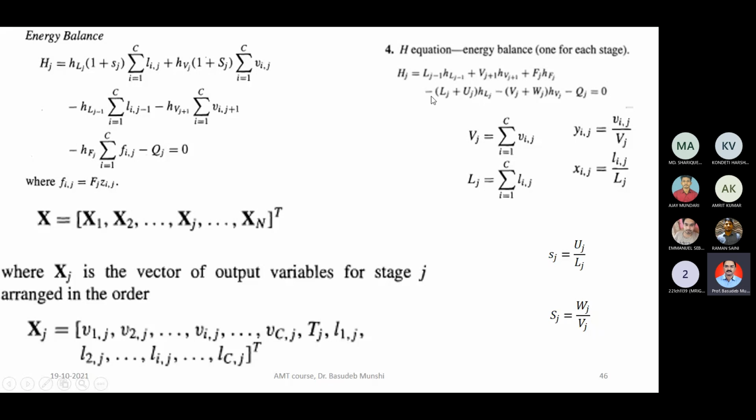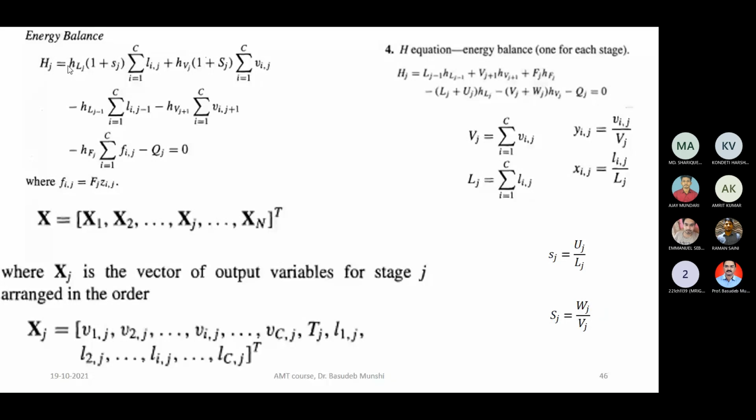Lj is equal to sigma Lij, so this will become sigma Lij into 1 plus Sj into Hlj. Similarly, this term becomes sigma Vij into 1 plus capital Sj into Hvj minus Qj equal to 0. Then you can see here the final equation for Hj.